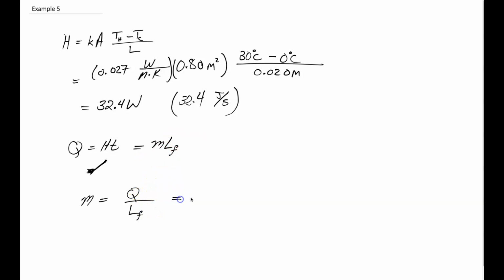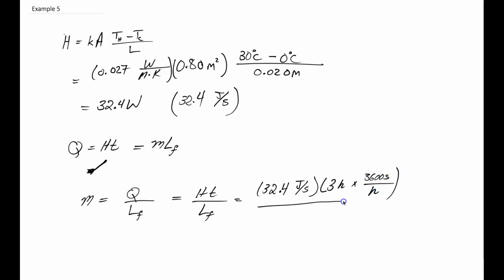And now this is going to be H t over L sub F, which is 32.4 joule per second times 3 hours times 3,600 seconds per hour, all over the latent heat of fusion, which we can find in a table, and it's 3.34 times 10 to the 5th joule per kilogram.